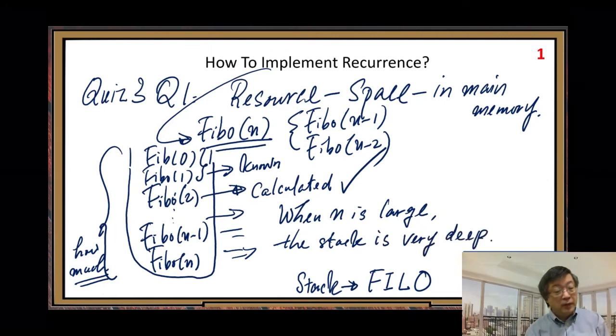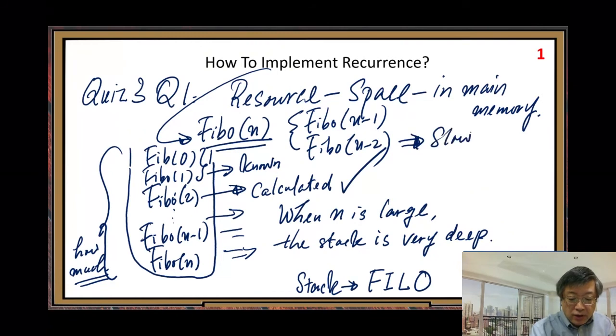The deeper the stack, the slower the execution. So think about that. Other than the slow execution, there is another consequence we should know.